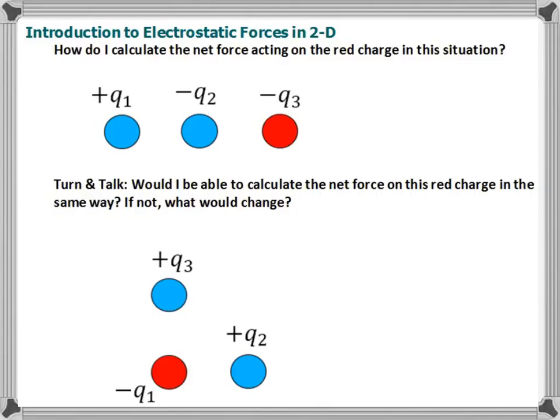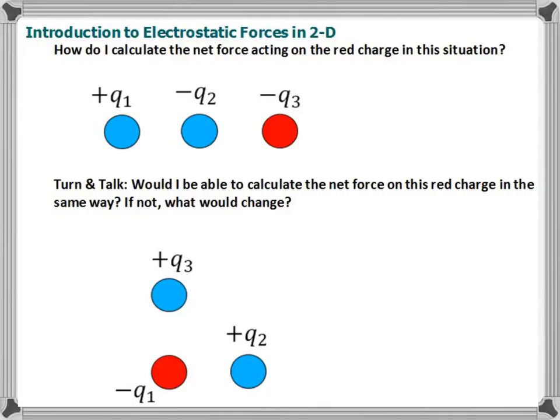Now, how would we handle the situation if we decided to actually put these charges in an L shape instead of in a straight line like up here? Would I be able to simply just calculate the force that this charge exerts on this one and then take the force that this charge exerts on this one and then just simply add those two numbers to get the net force?